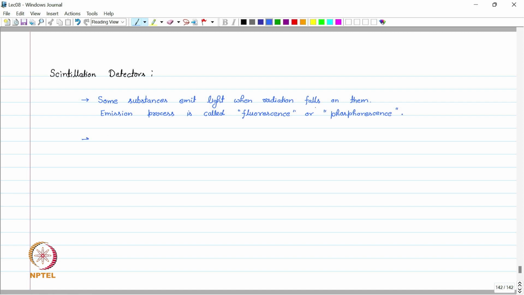And this light output can be used as a measure of incident radiation.